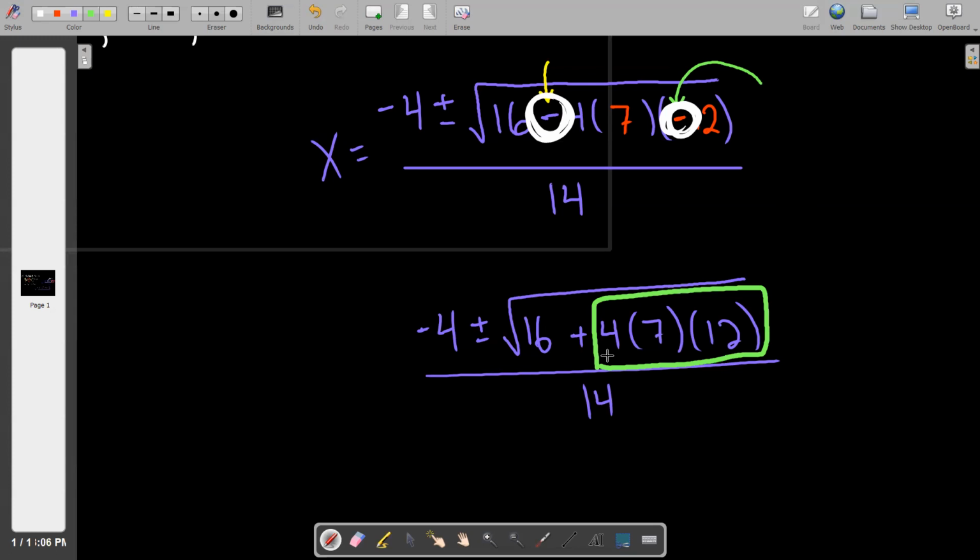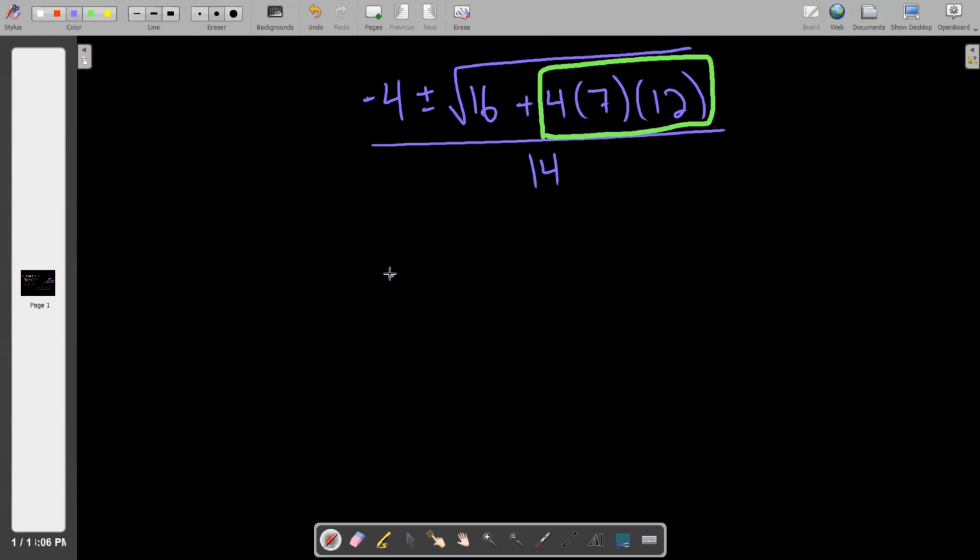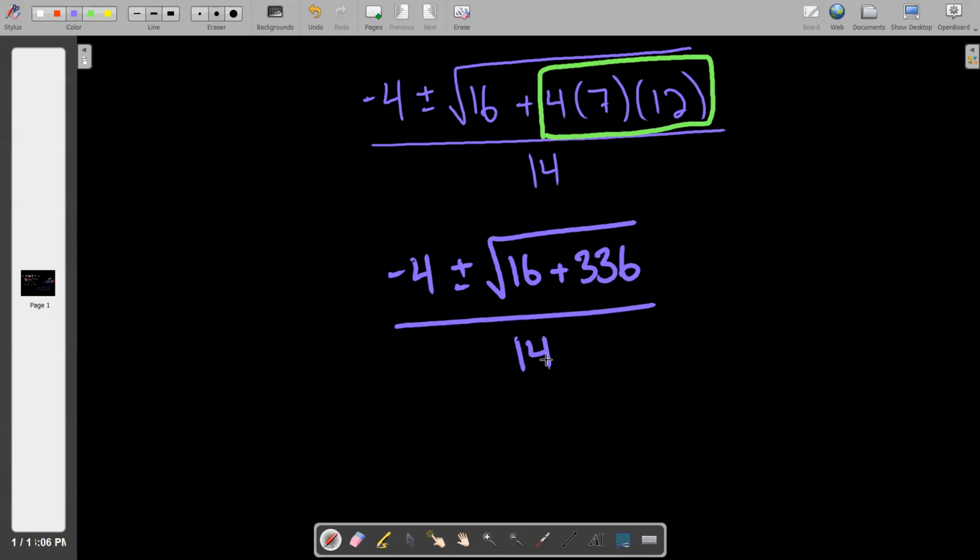Nice. So what I have now is -4 plus or minus the square root of 16 plus 336, all over 14. And we're almost ready to finish now.